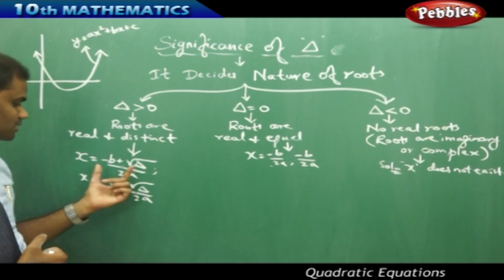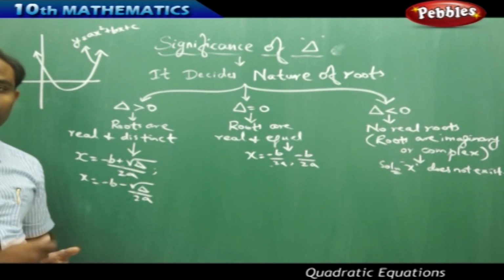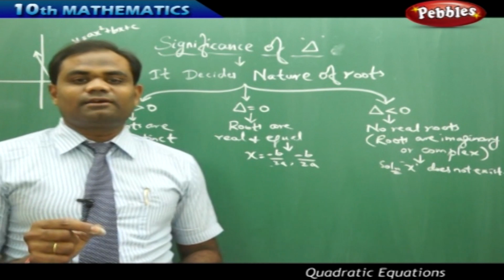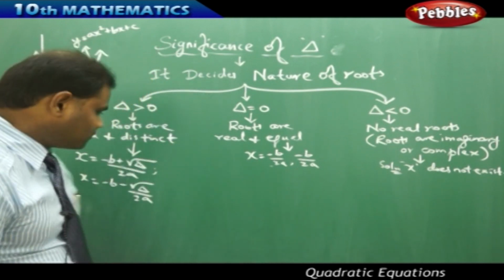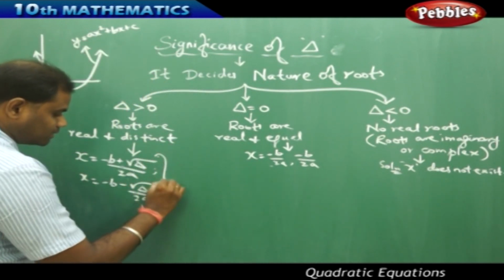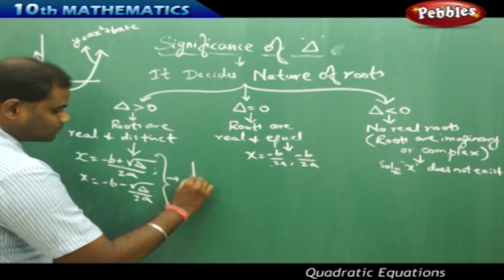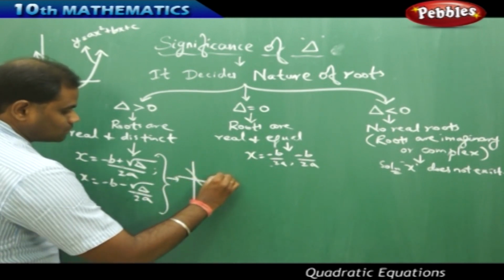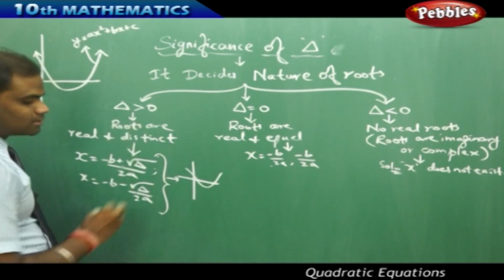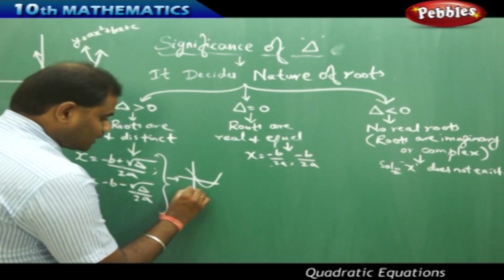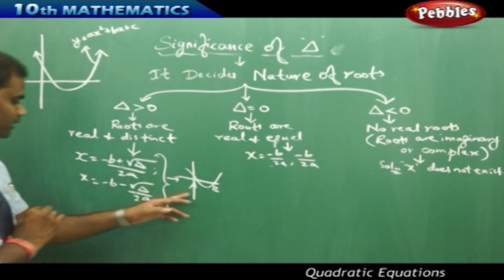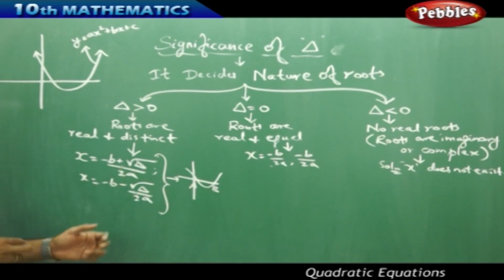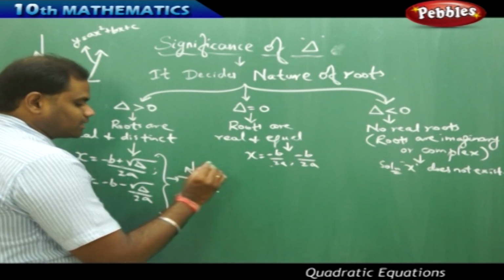That is, these roots decide the points or the values where the graph cuts the x-axis. Therefore, for two roots, the graph cuts the x-axis twice, at two points, A and B. Point A is given by this and point B by this, respectively, assuming that a is greater than 0.